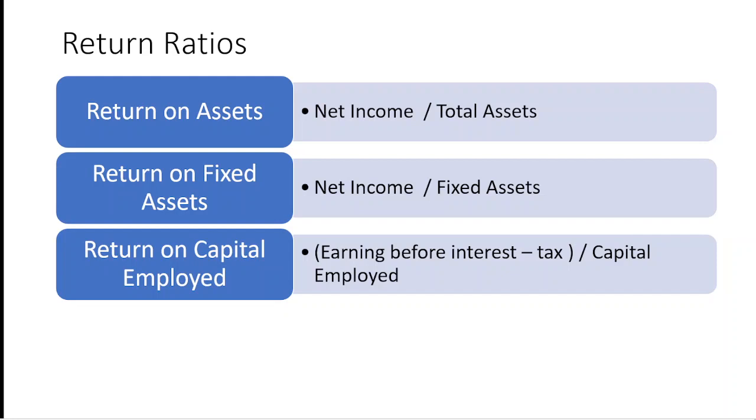Why is that? Because the capital employed can be supplied by equity shareholders or by debt holders. Now, when we say debt holders, what are they getting? Equity shareholders are getting dividends or the profits, and the debt holders are usually getting the interest.